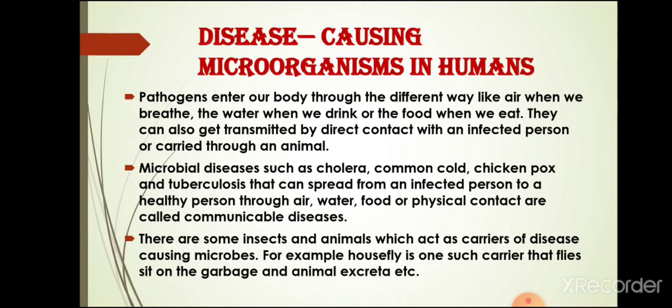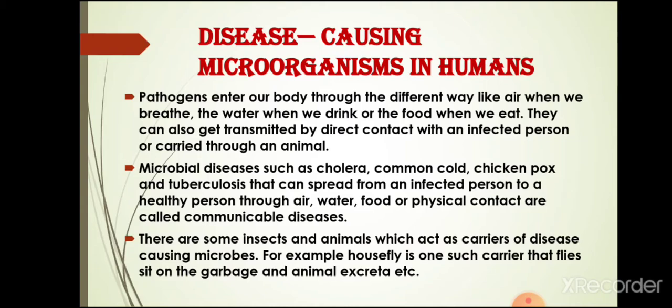Now there are some insects and animals which we call carriers of disease causing microbes. For example, you have seen the housefly. The housefly is one such carrier. They sit on garbage and animal excreta. So what happens after that?